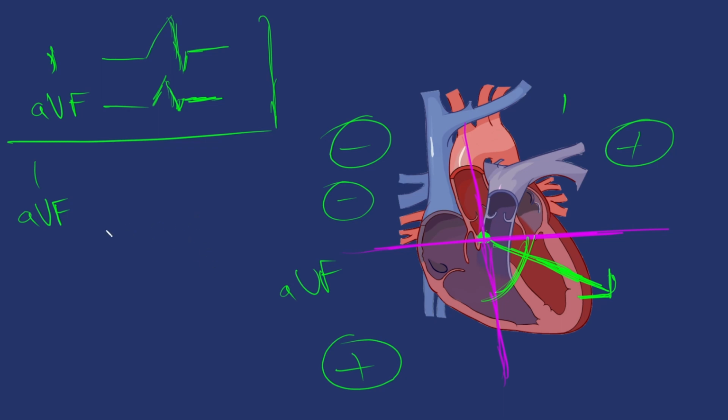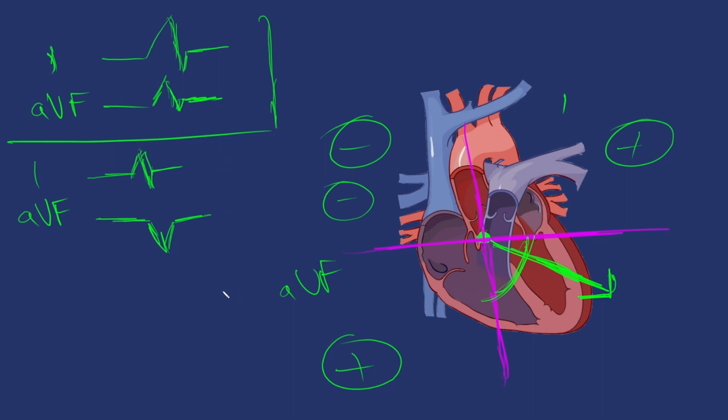But now let's say we take that away and we do this again. Okay, so we'll make AVF this time negative, and 1 will be mostly positive, right? So again, whichever way is the majority of our QRS, in this case because we have an RS wave here, and then we just have a Q here. So we're going whichever way is mostly positive.